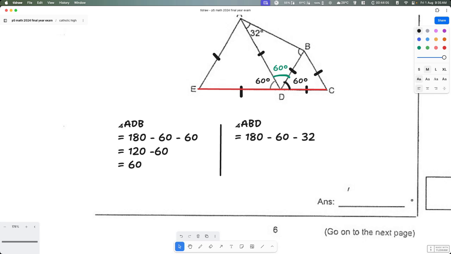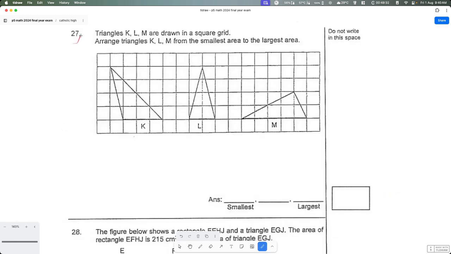In this case, I'm going to combine 60 and 32 together. So 180 minus 92 is 88 degrees. So the answer to this is 88. Lucky number 88. All right, question 27.